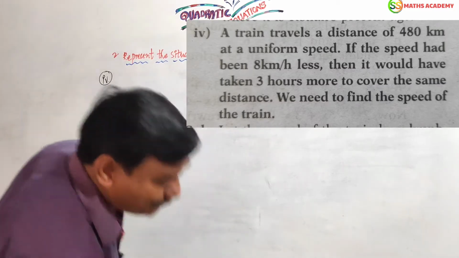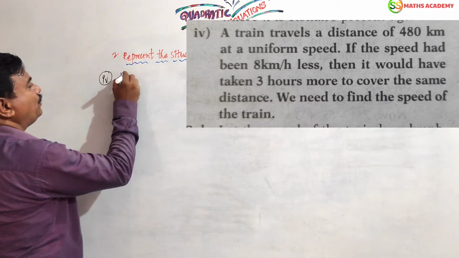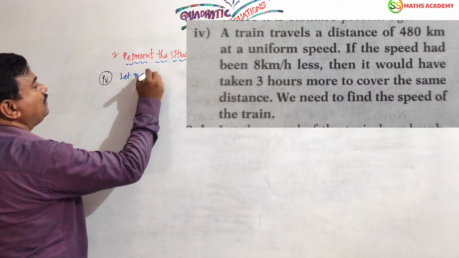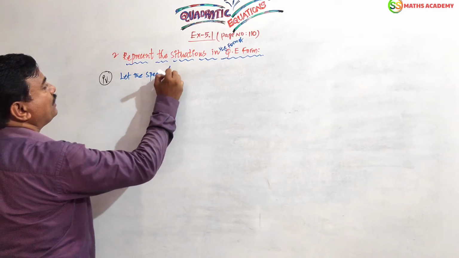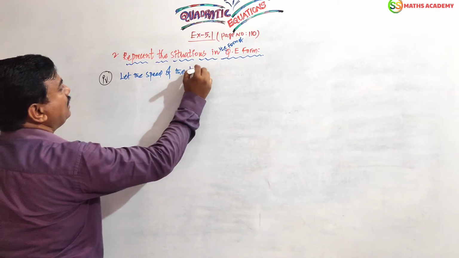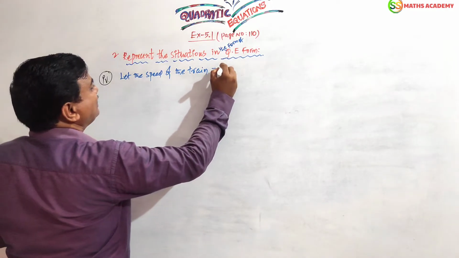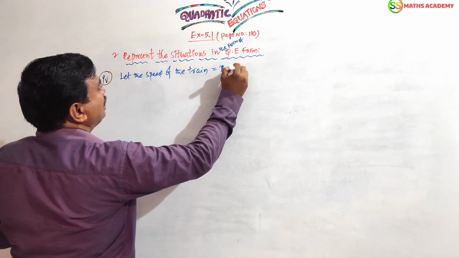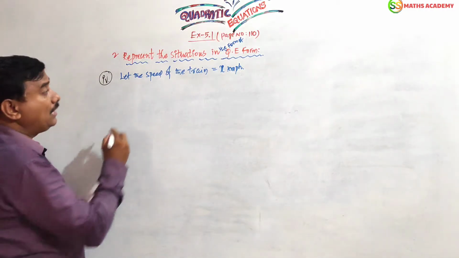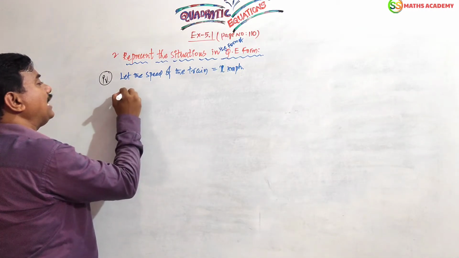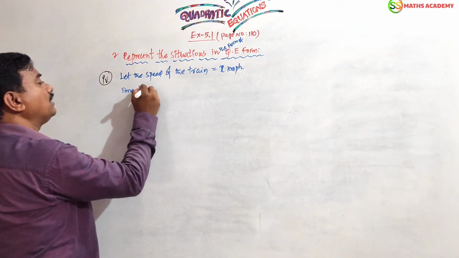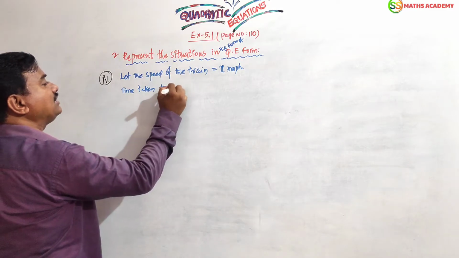Now let us see the answer. Here we don't know the speed of the train. Let the speed of the train be x kilometers per hour. Friends, the train takes time to cover the distance.